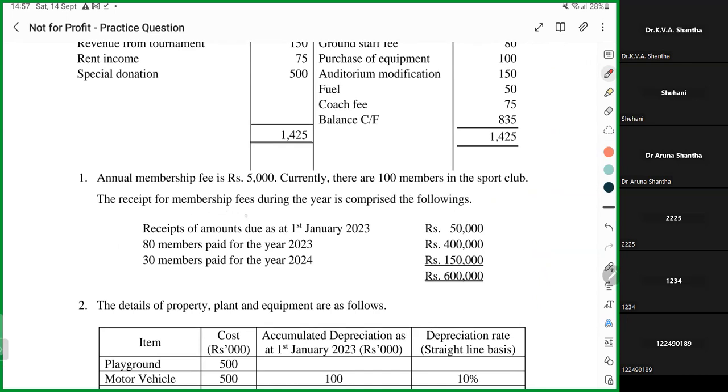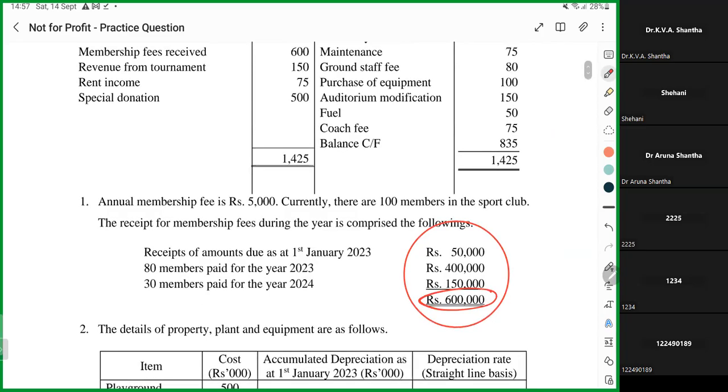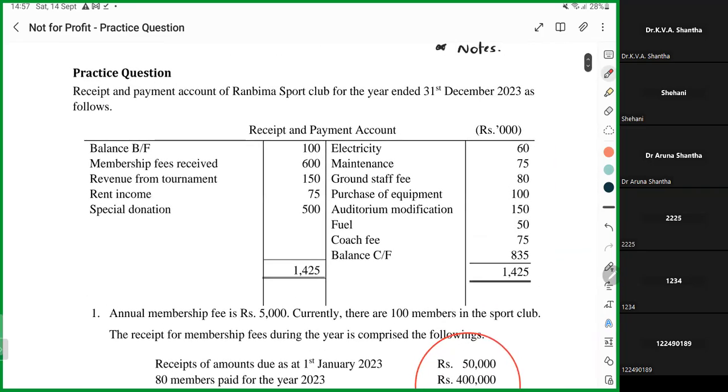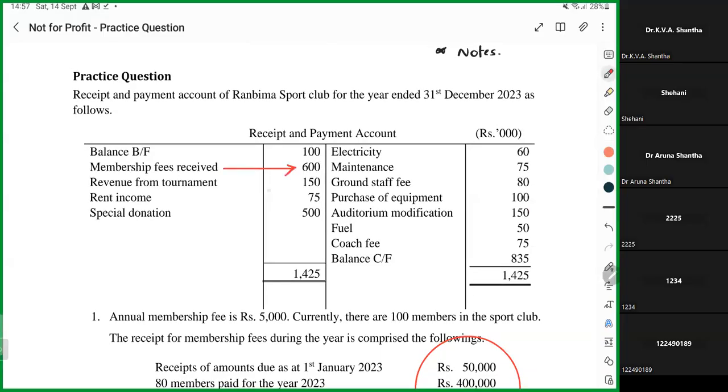Receipts for membership fees during the year include the following. This is how you got membership fees during the year. You see in the receipts and payment account, membership fees received 600,000.